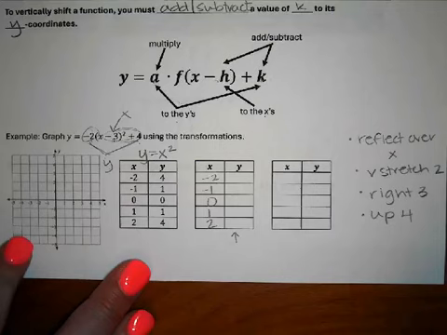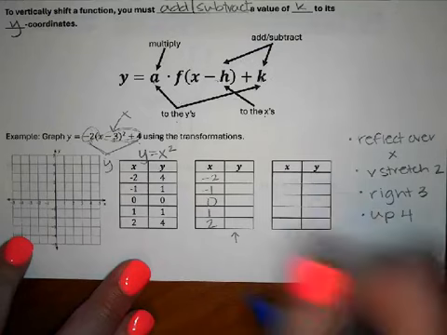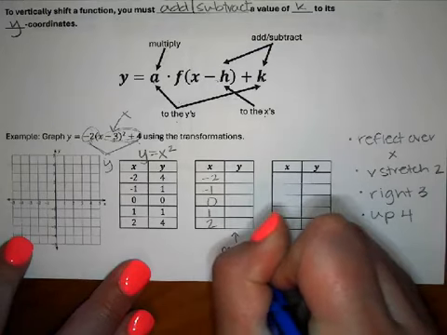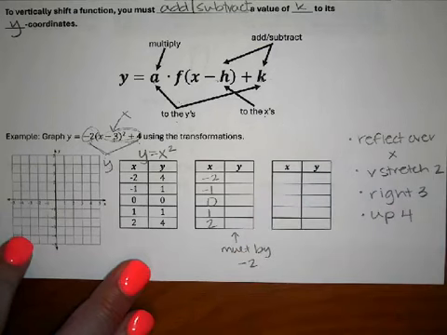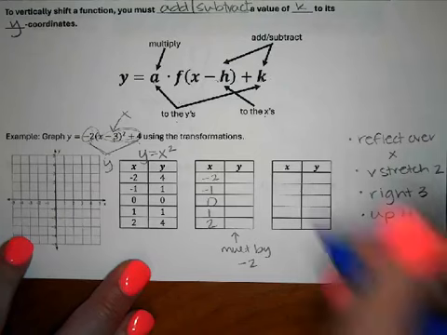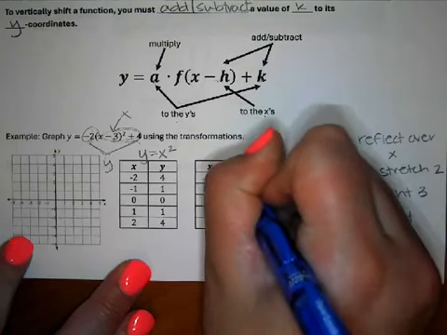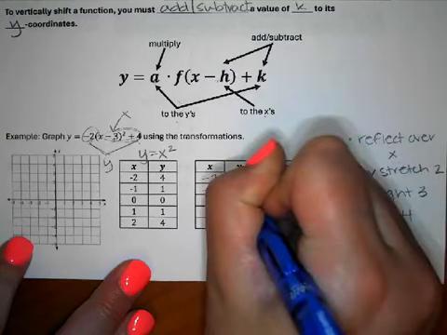I'm also going to vertically stretch by multiplying my y coordinates by 2. So I'm going to multiply by -2, -1 and 2 at the same time. That's going to reflect over x and stretch by 2. So -8, -2, 0, -2, -8.